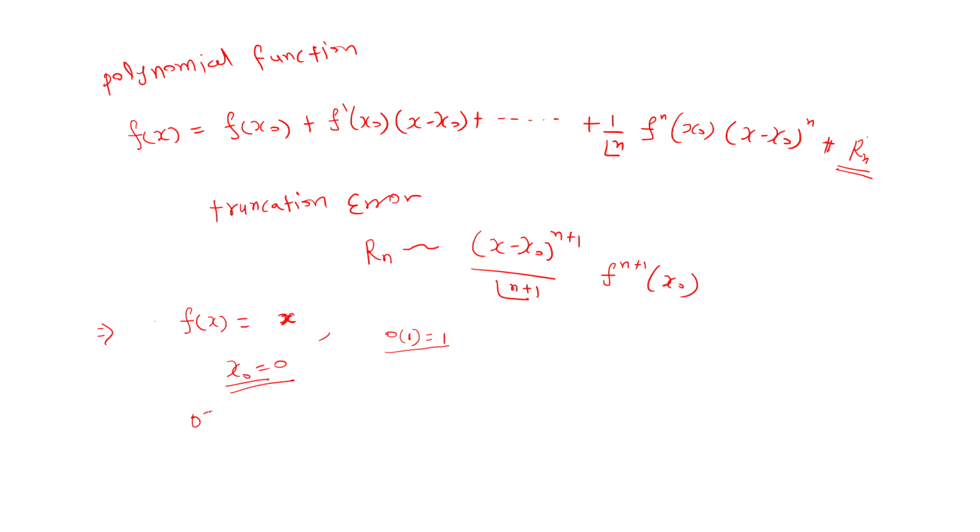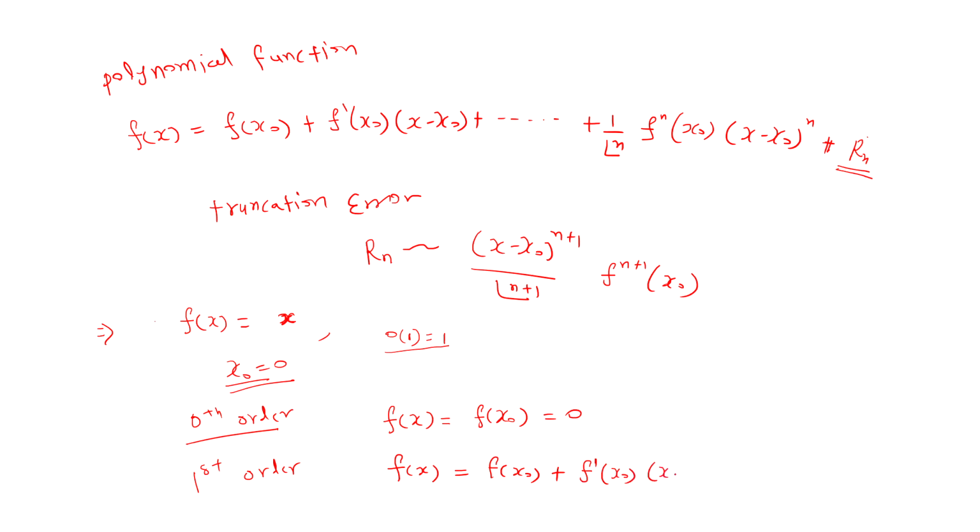If I do the zeroth order approximation, then f of x is equal to f of x naught, that is 0. If I take the first order approximation, that will be f of x0 plus f prime x0 times x minus x0, that will be x.